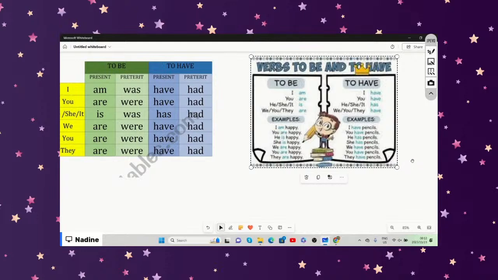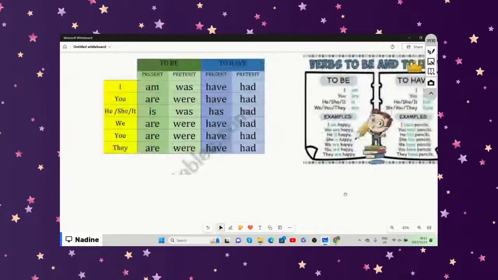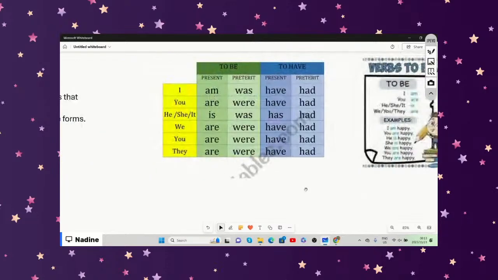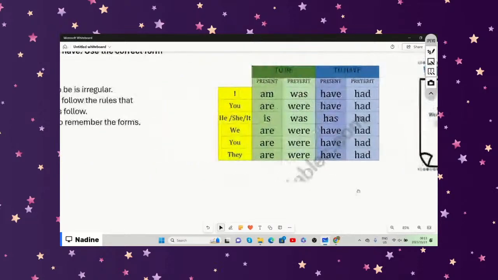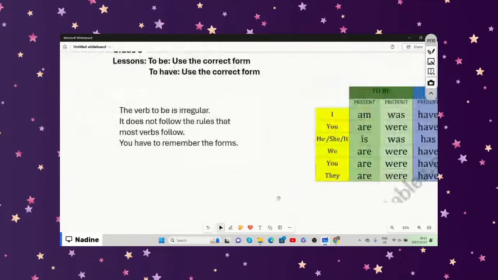And then to have, we use words like I have, you have, he or she has, right? So now we're going on to our tutorial lesson on aplusstudents.ca.